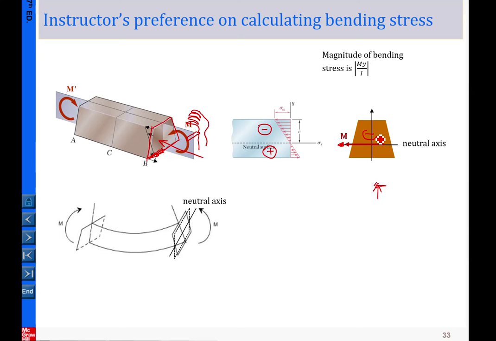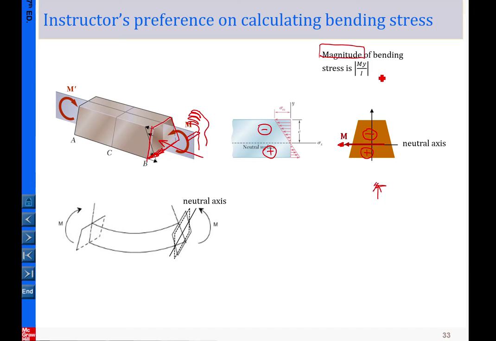This provides another way to quickly identify where in the cross section is under compression. The lower portion is the opposite, out of the paper, so that is in tension. This is a way to determine the attribute, tension or compression, and the remaining step is determining the magnitude of the bending stress.